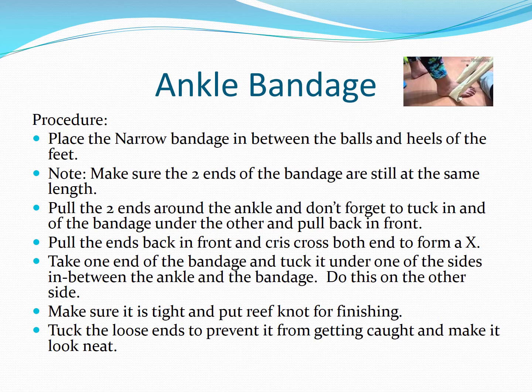Pull the two ends around the ankle, and don't forget to tuck in the end of the bandage under the other and pull back in front. Pull the ends back in front and crisscross both ends to form an X.